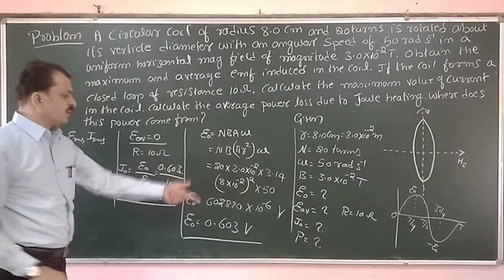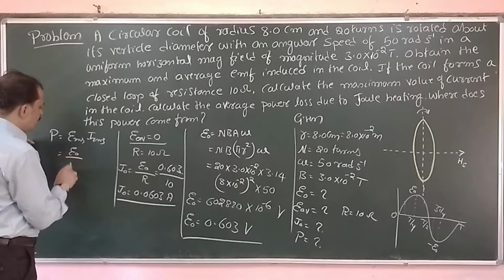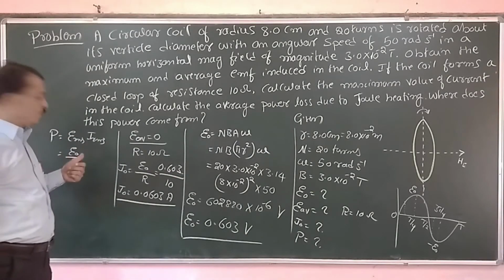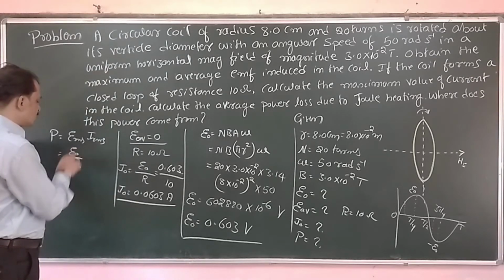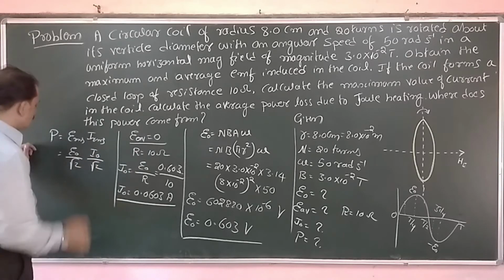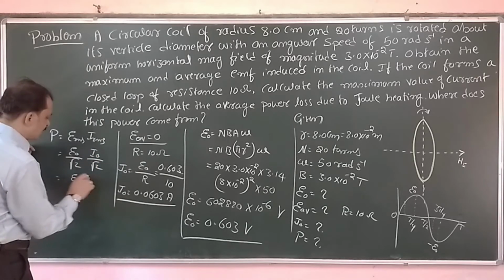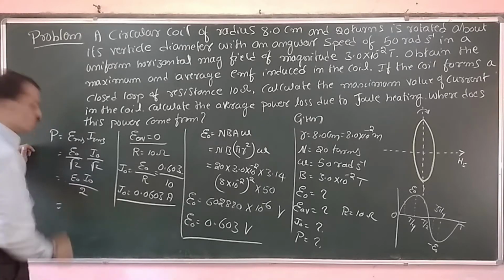Since we are not given the RMS value, it is given by the maximum value of EMF divided by root 2, the peak value of voltage divided by root 2, and peak value of current divided by root 2, or I will write it as E0 into I0 divided by 2.